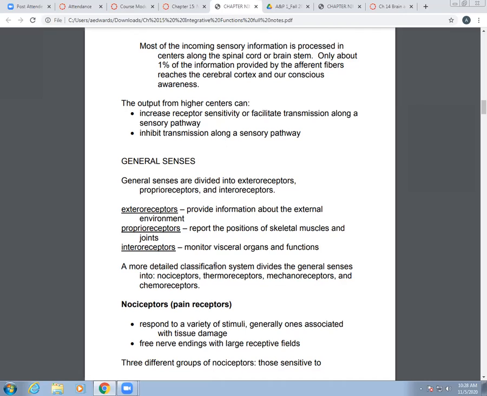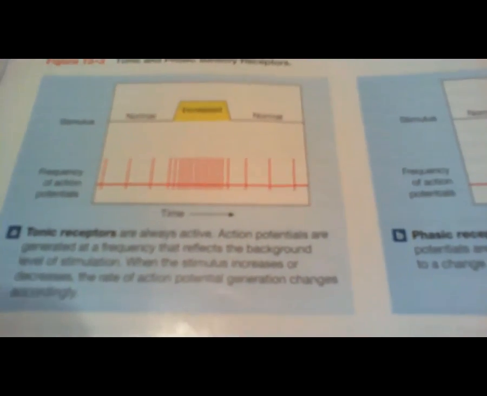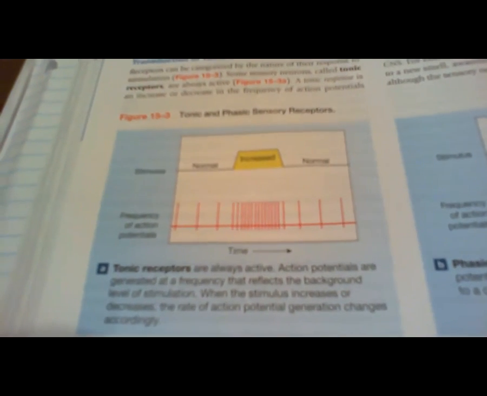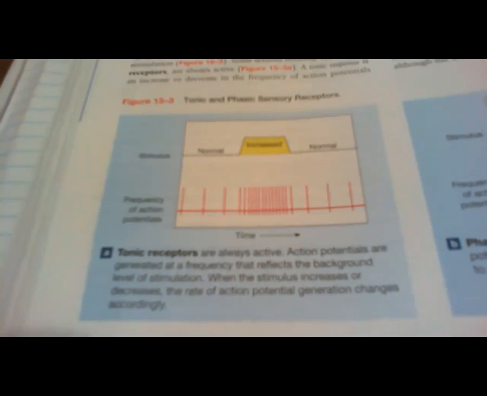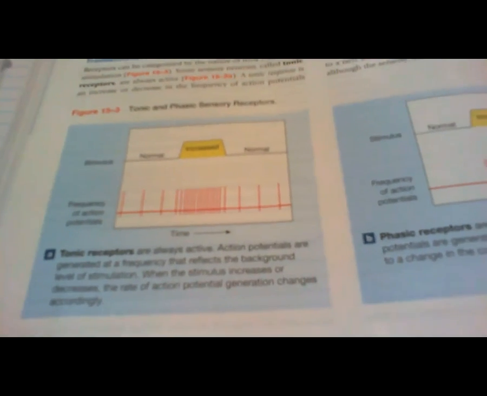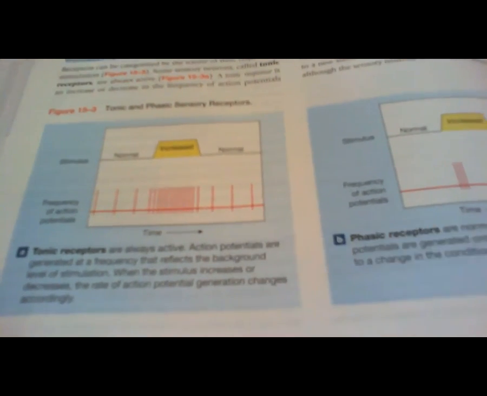All right, so let's take time and look at an image. Here's a view of what happens with a tonic receptor. You get your stimulus normal, and then you increase what's going on there with the stimulus. You get an increased frequency of action potentials, and you get essentially a higher frequency of action potentials still over time.